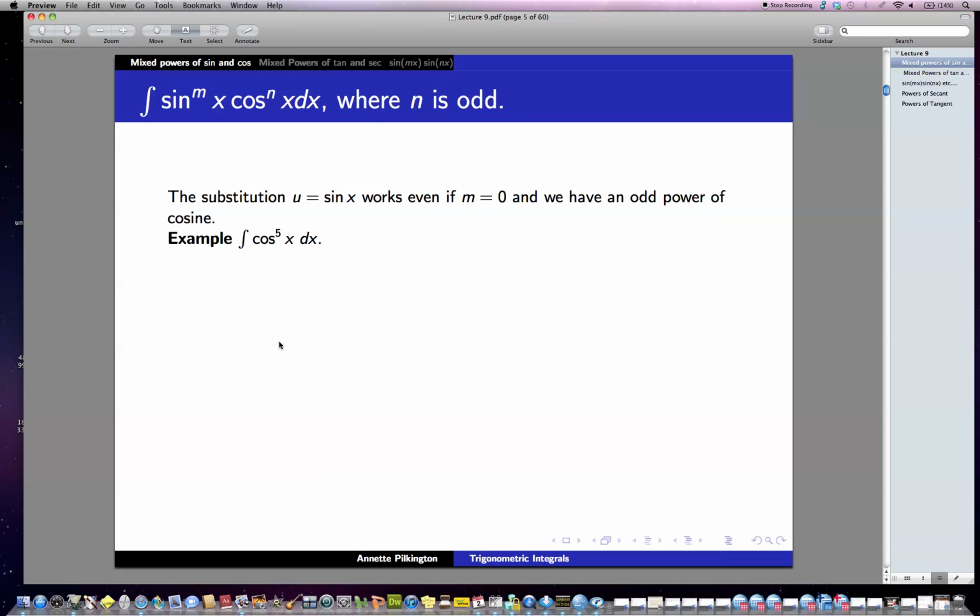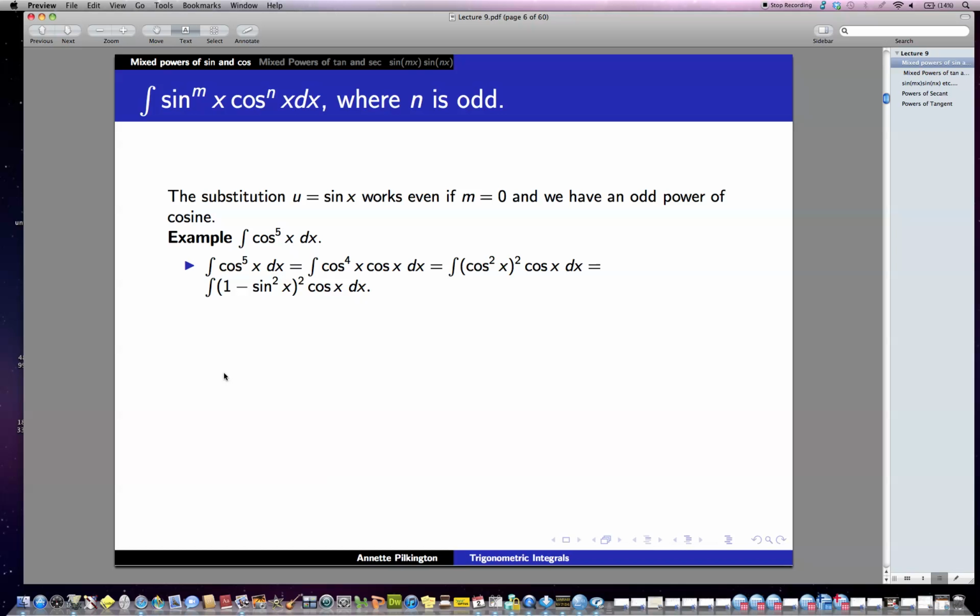The same strategy works even if a sine doesn't appear in the function. So suppose I want to integrate cosine to an odd power, say cosine to the 5. I can still use the substitution u equals sine x. I split away one cosine for du, and then the even power of cosine I convert to a function in sine using the formula cosine squared equals 1 minus sine squared.